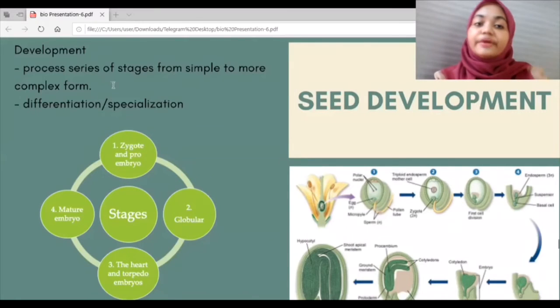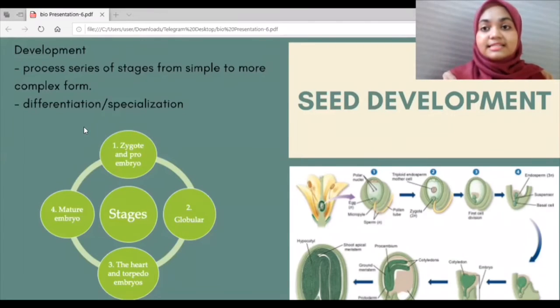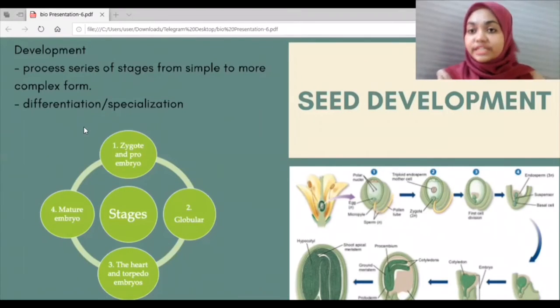Usually it goes from the simple to the complex one. It includes differentiation and specialization, where, like us, our own organs have their own function. Same as this seed. All the components have their own specialized function to do.